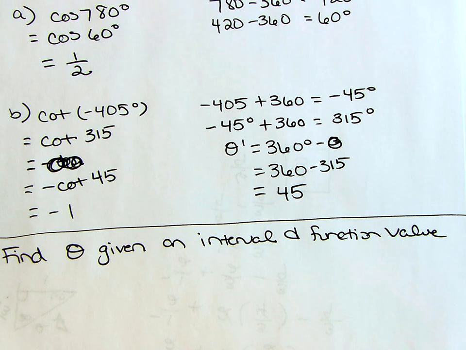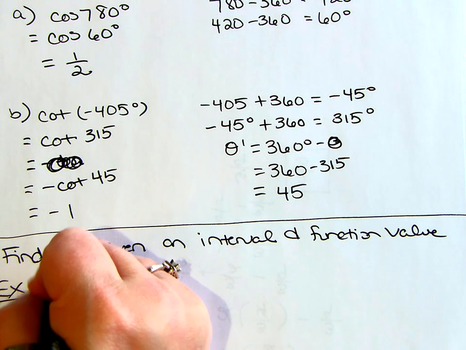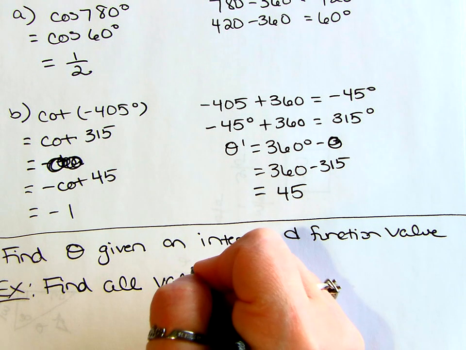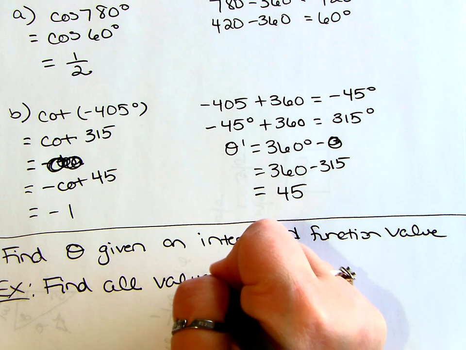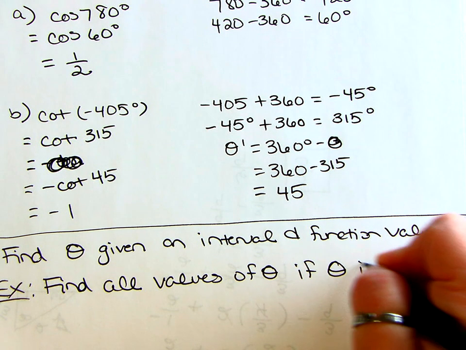And I wanted to do that in such a way that you are seeing it even in the same wording. So for this example, what they're telling us is that they want us to find all the values of theta if theta is in the interval from 0 to 360.